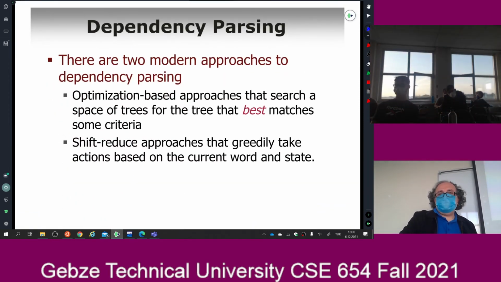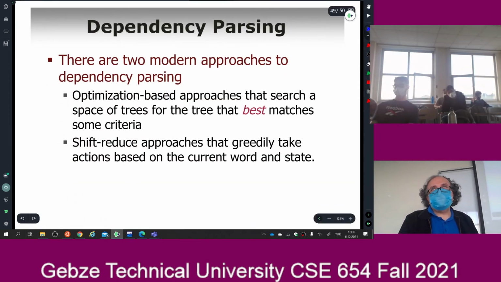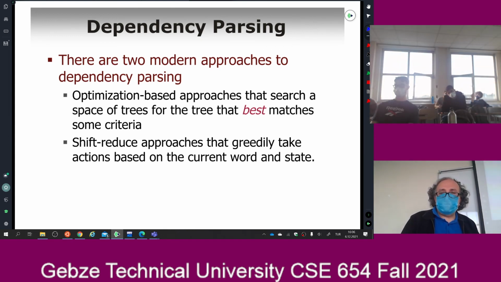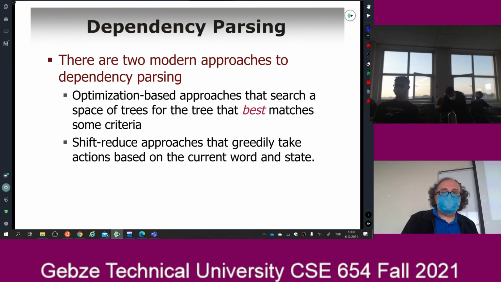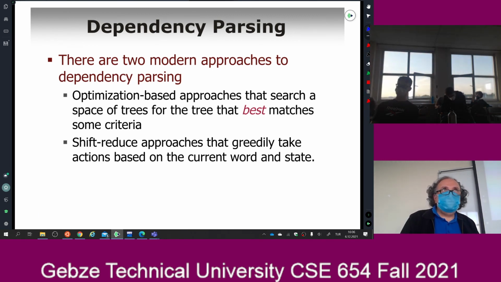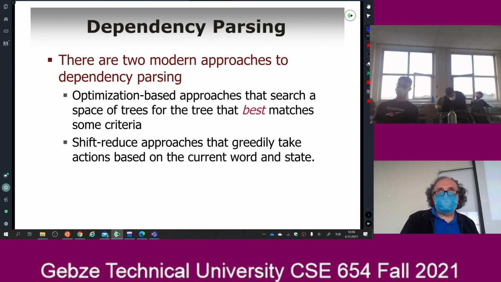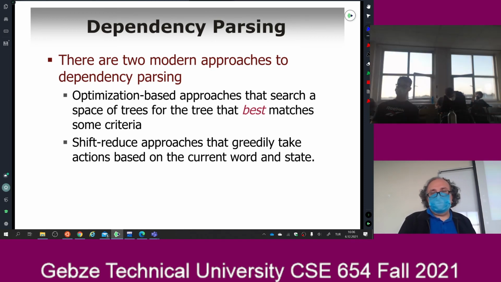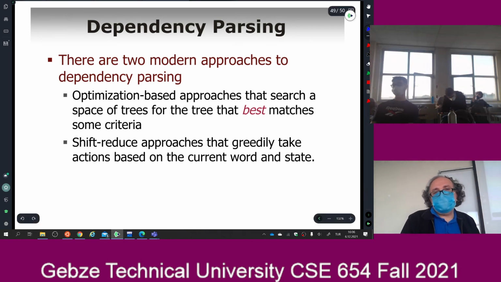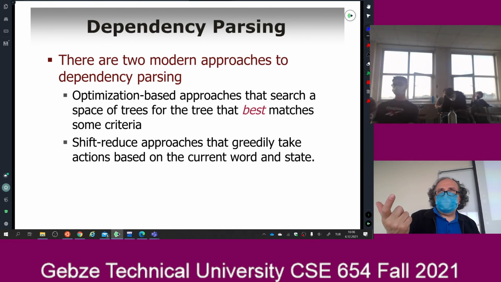And the approaches are this. For context-free grammars, we will have very nice algorithms to produce all the parse trees that can be extracted, including the ambiguous ones. For dependency parsing, we are going to run some machine learning. Are these two related?